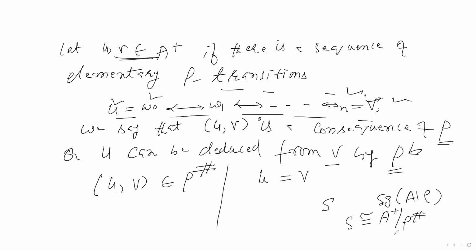So you have to deal with these type of situations, because if you have any two elements S1 and S2, they correspond to classes. S1 corresponds to u rho sharp, S2 corresponds to v rho sharp. All you need is that this u, v belongs to rho sharp. So the next result says that there is a connection between these two things.